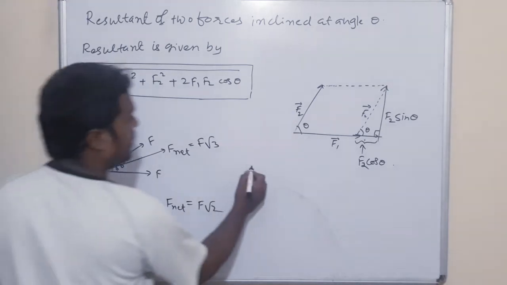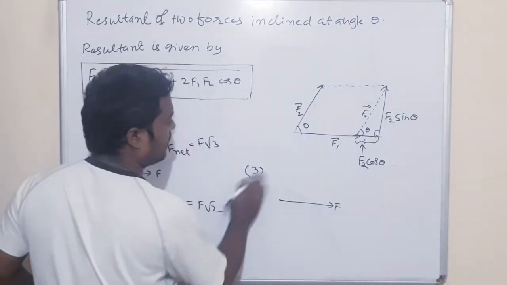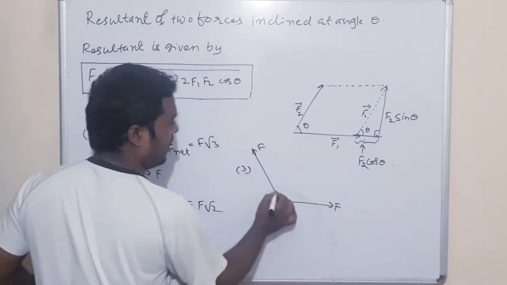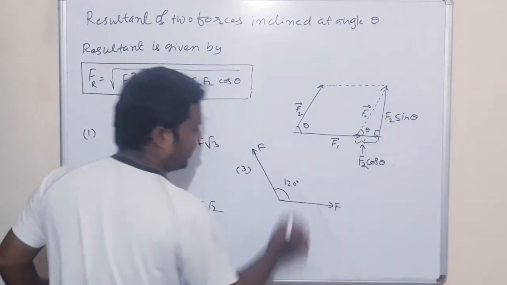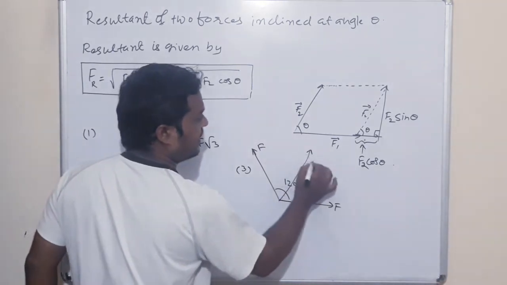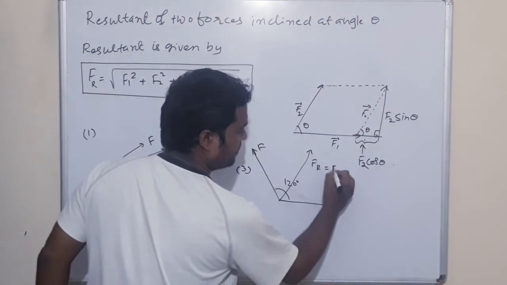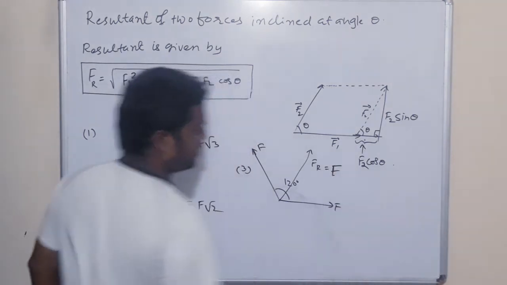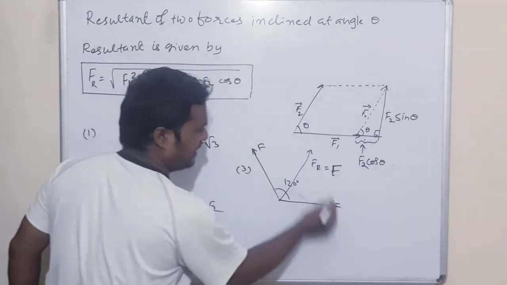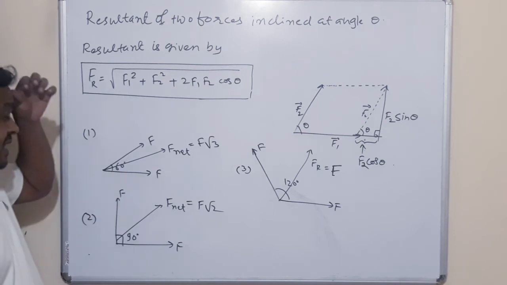Then, if one force is F and another force is F and angle between them is 120, then the resultant will be just F. If both the forces are equal, angle is 120, resultant will be just F. These three are special cases you have to remember.